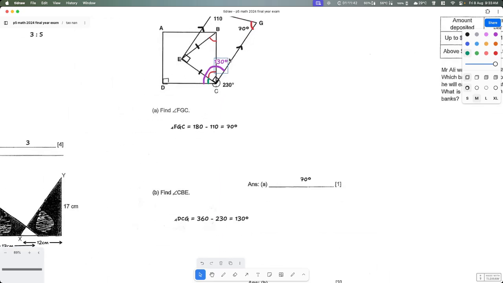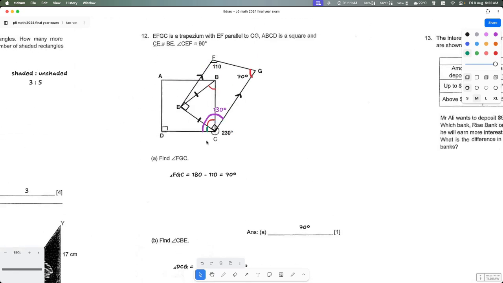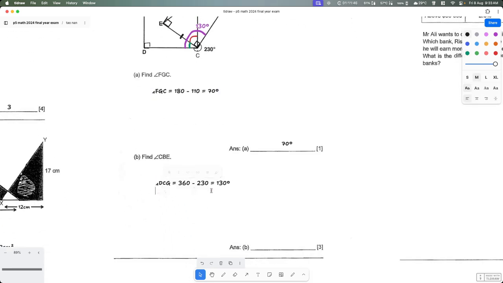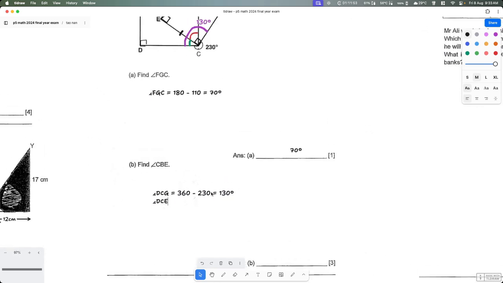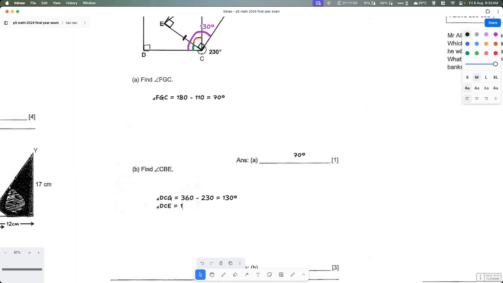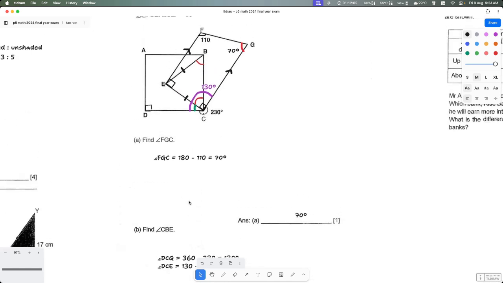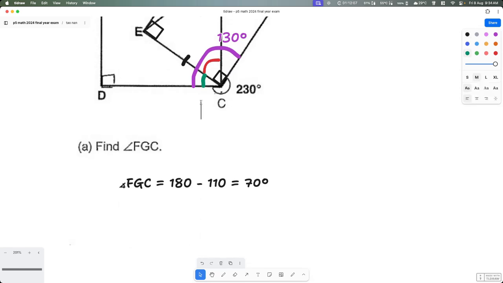The green angle is DCE. So angle DCE is equal to 130 minus 90, sorry, 90, not 40. This will give us 40 degrees. I'm going to write this down. This is 40 degrees.